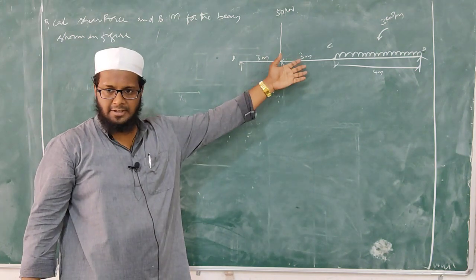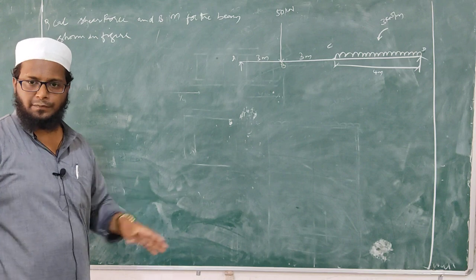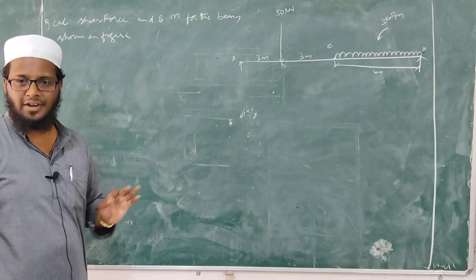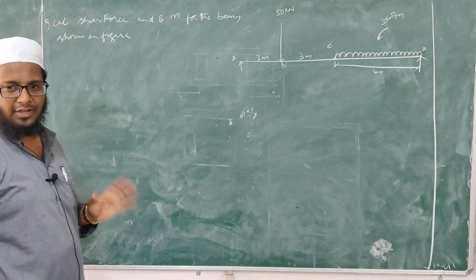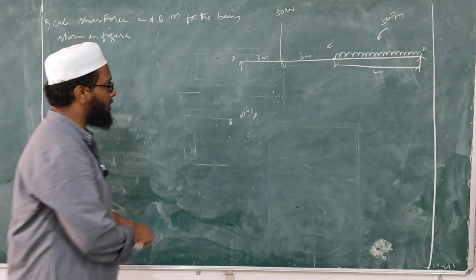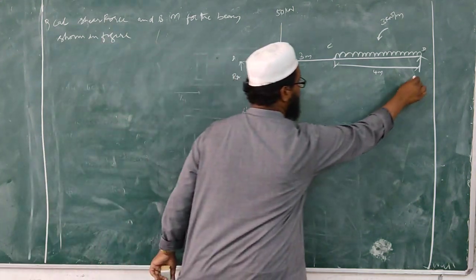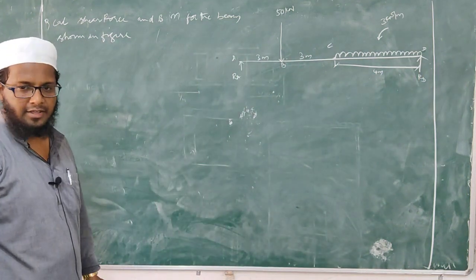The beam is visible, right? Before calculation of shear force and bending moment, the very first thing is to calculate reactions. Without reactions we cannot calculate anything, isn't it? So first we'll calculate the reactions RA and RD.